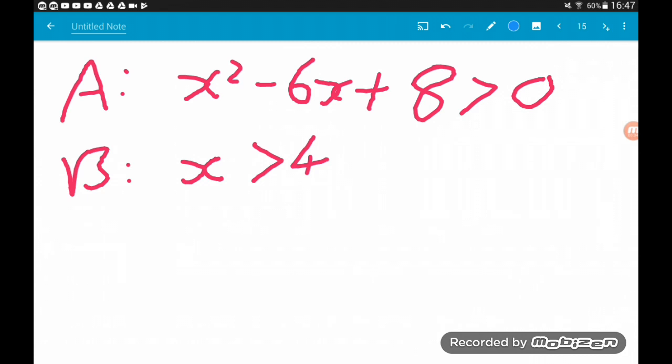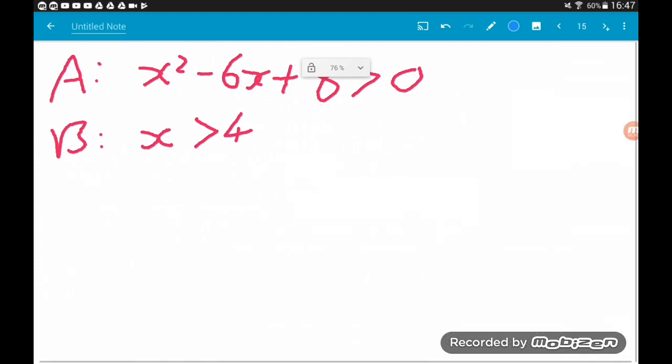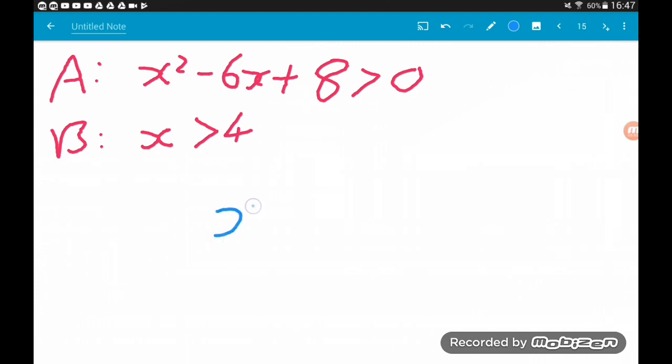So the first thing we need to do here is work out what statement A is actually telling us. So in other words, we need to solve that quadratic inequality. Now if you're rusty on that, I do have a video called Solving Quadratic Inequalities. Check it out. Okay, so first thing we want to do is solve x squared minus 6x plus 8 is equal to 0.